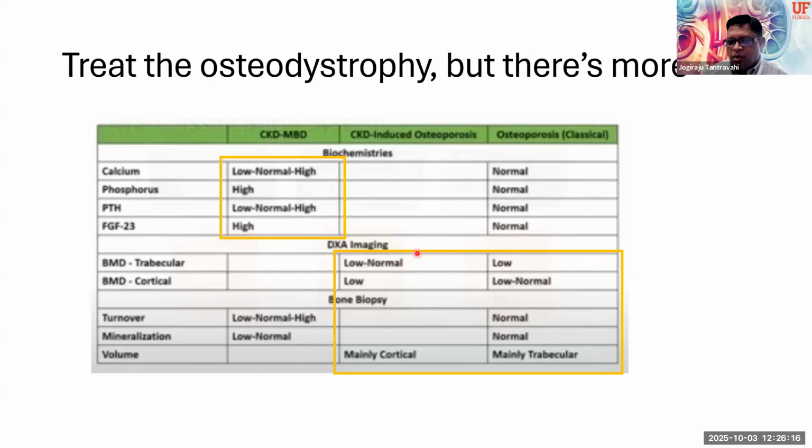But what we may be falling down on ever so slightly is this part of the equation. What are we doing about the intrinsic bone disease? The bone disease of decreased turnover or decreased mineralization or high turnover. This is the part of the equation that we have yet to solve.